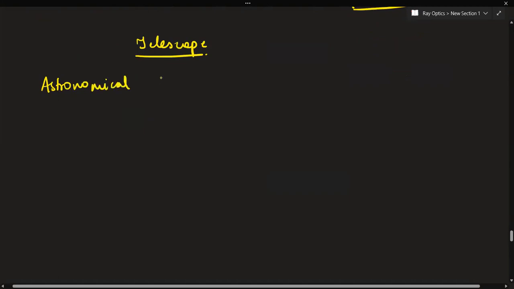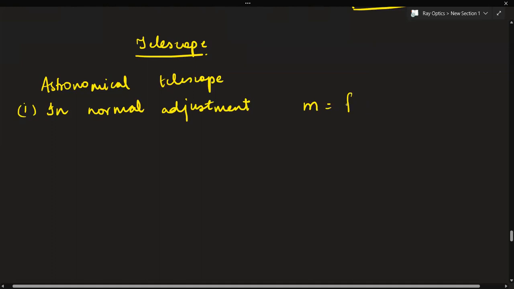First, in the normal adjustment for the astronomical telescope, M, your magnification, is the focal length of the objective lens divided by the focal length of the eyepiece.